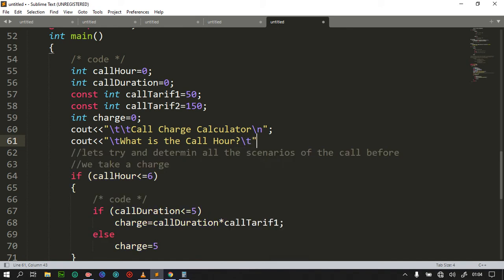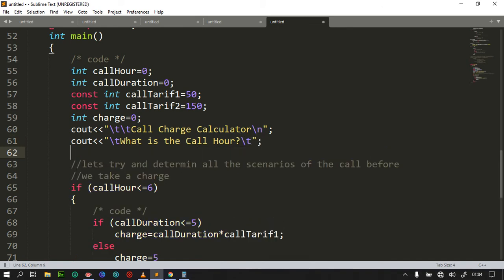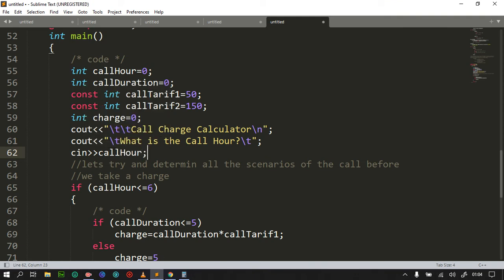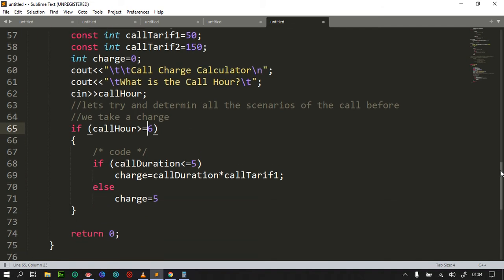So call hour, we had even a variable but we had forgotten it, so this one is gonna be call hour. So someone will enter the call hour, and the call hour is going to be our determinant. Oh no, here this one is gonna be greater or equal to 6. Okay, that is fine. So call hour, so we shall check it from there.